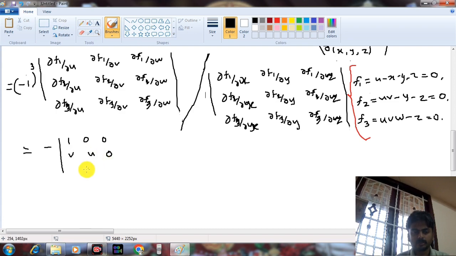And here, if I differentiate f3 with respect to u, I will get vw, with respect to v I will get uw, and with respect to w it is uv.